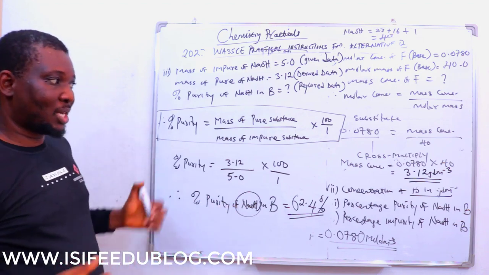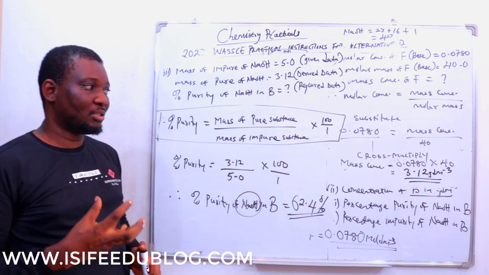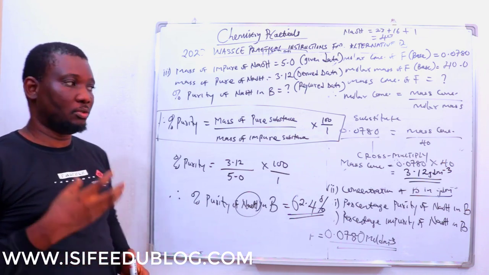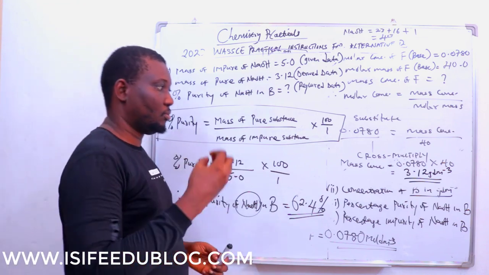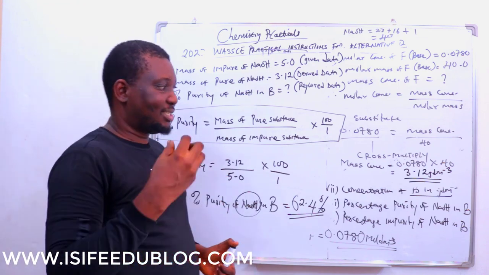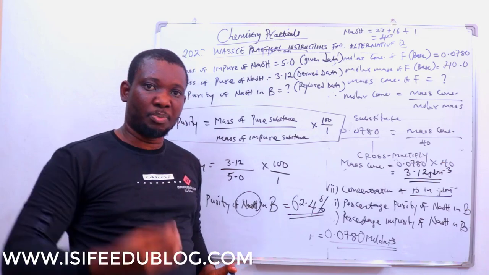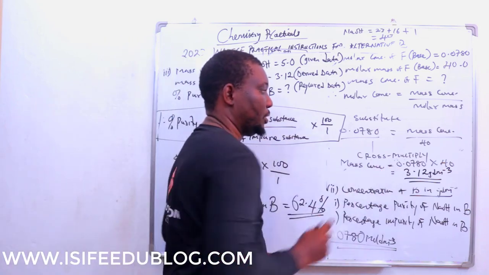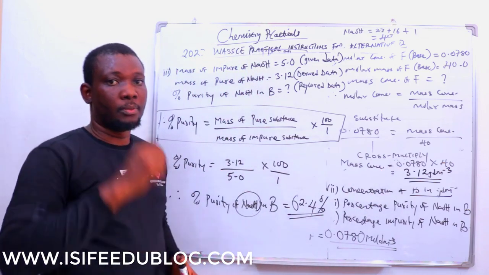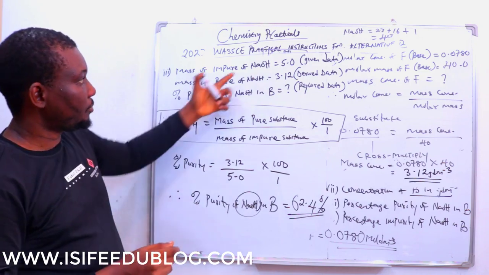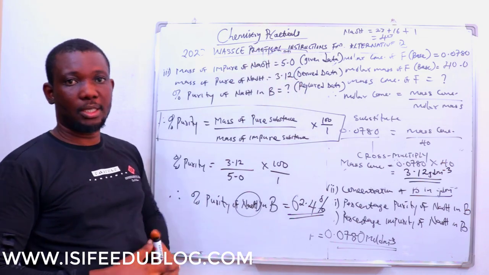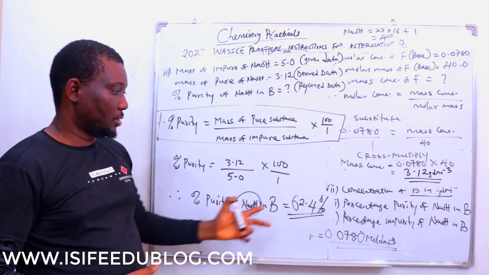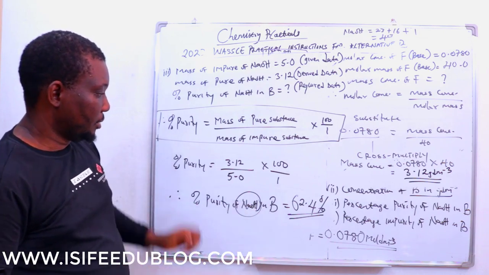Basically, the mass used to prepare its standard solution is 3.1 or 3.2, but at the end it gains this extra, which is what makes it impure. Okay, so this is the percentage purity.